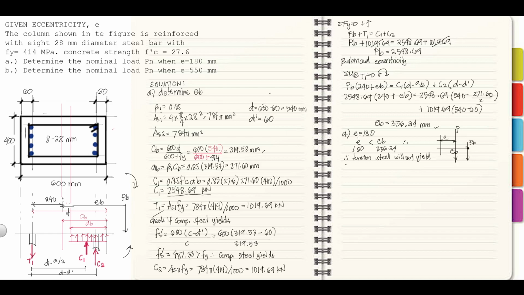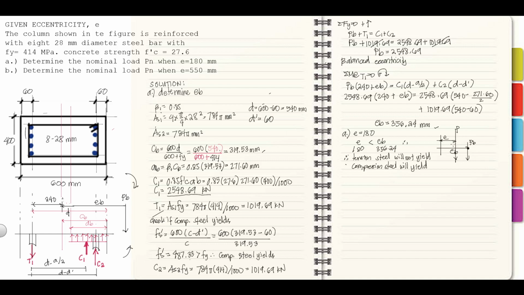So, hindi mag-yield. Okay? Pero, dahil mas malapit na to dito sa centroid, okay, or nasa compression side na siya, mas malapit sa compression side, we can also say na yung compression bar will yield. Okay? Kasi mas malakas na yung compression sa part na to. Okay? Pagka yung E natin, kumbaga, this is compression control.